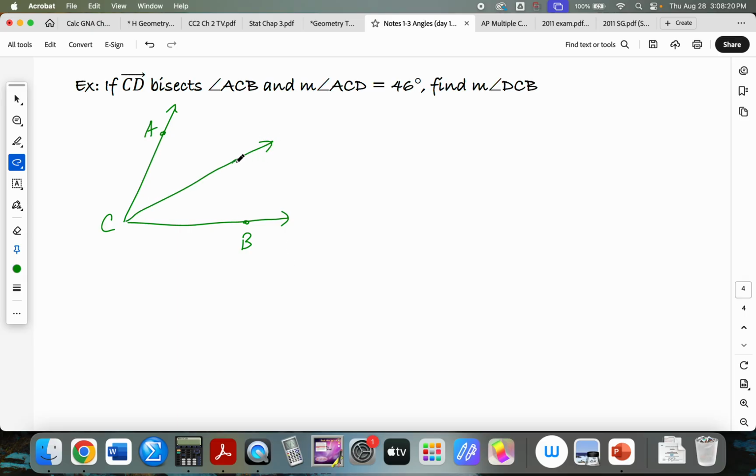Grab your meat cleaver and split this in two, and not just in any two pieces, but two pieces that are exactly the same size. I cut it exactly in half. It says the measure of angle ACD is 46. So what's the measure of DCB? 46. Those two are the same.